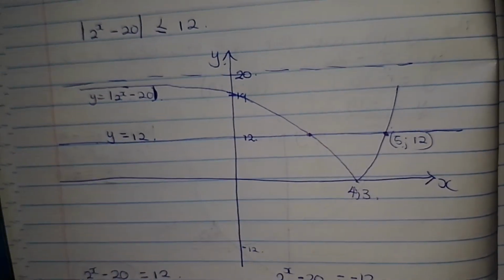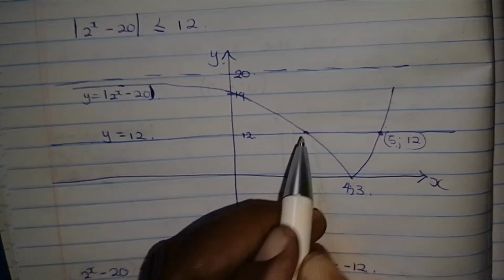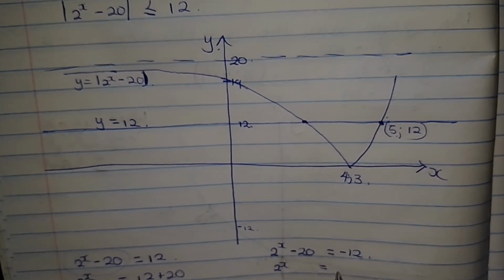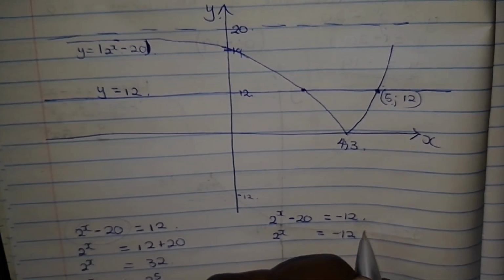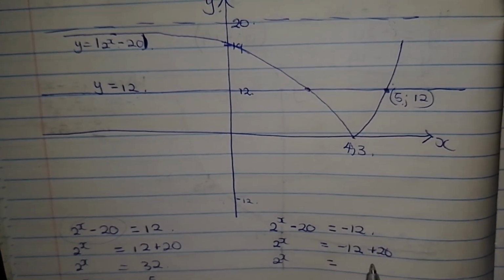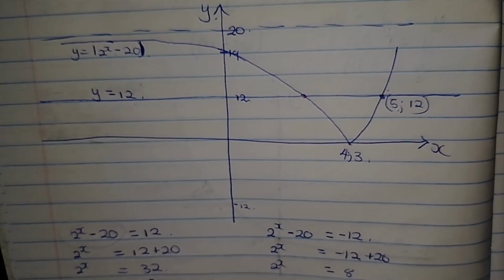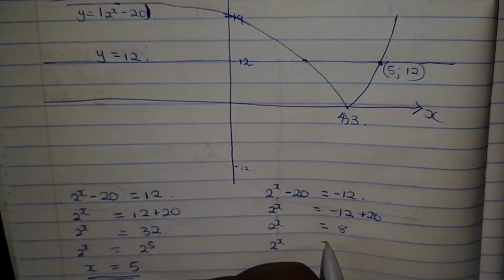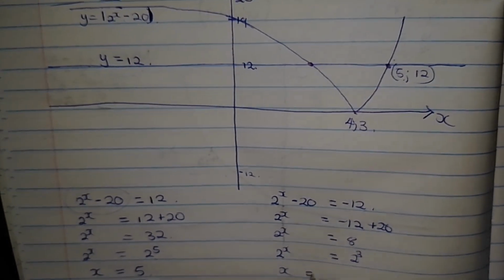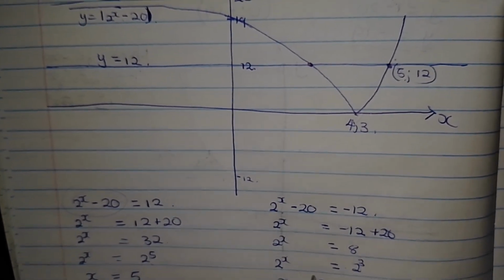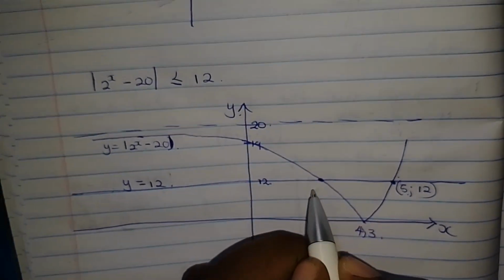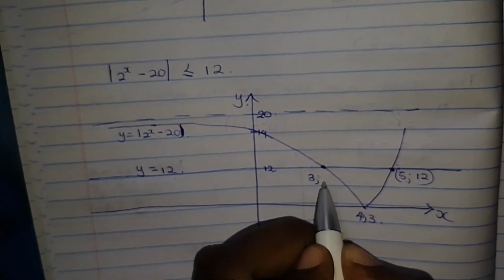So 2 to the power of x is equal to negative 12 plus 20, which is 8. 2 to the power of x is equal to 2 to the power of 3. The bases are equal, so x is equal to 3. So this point is 3, 12.